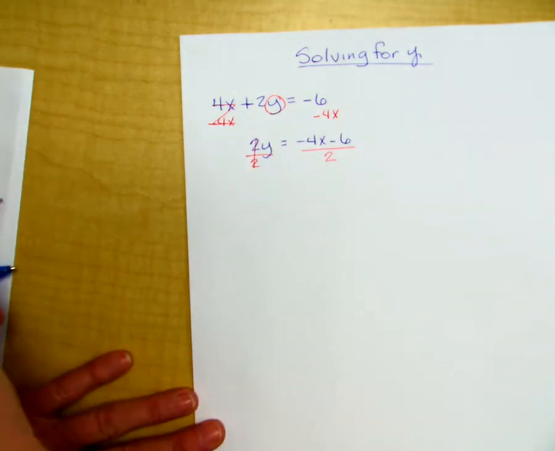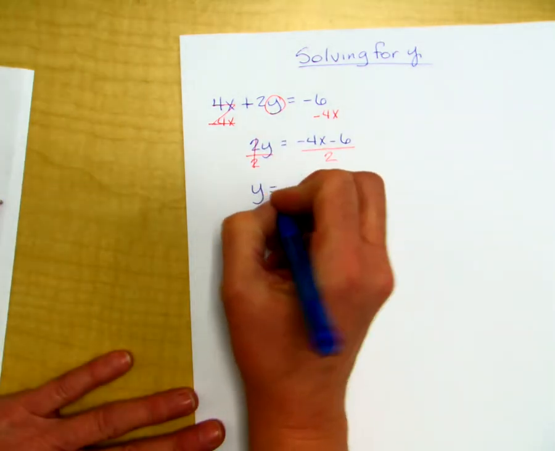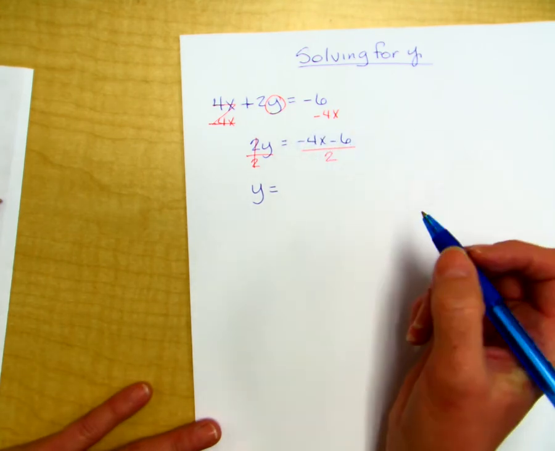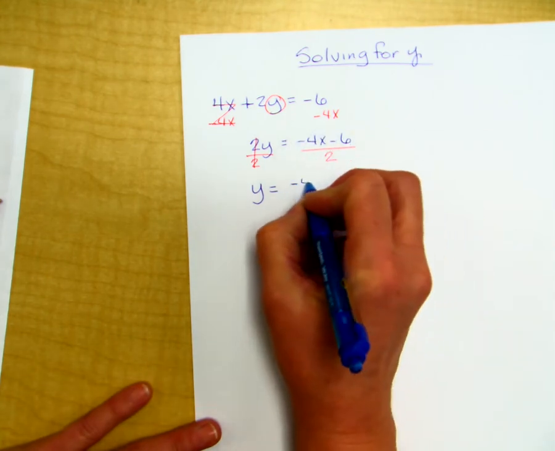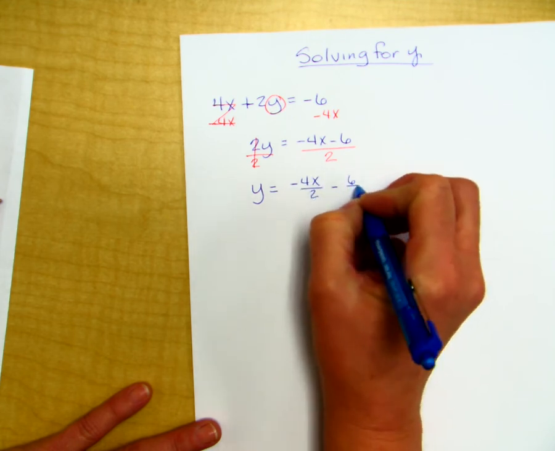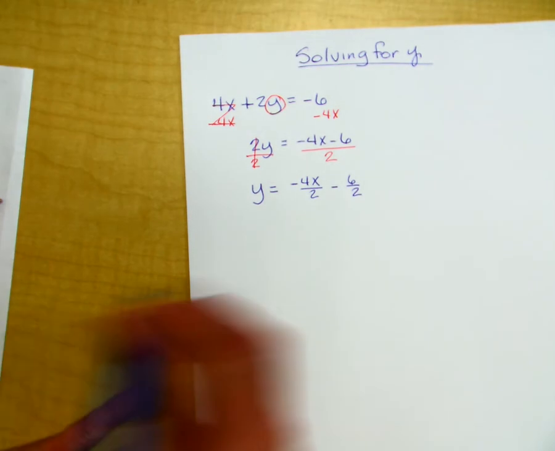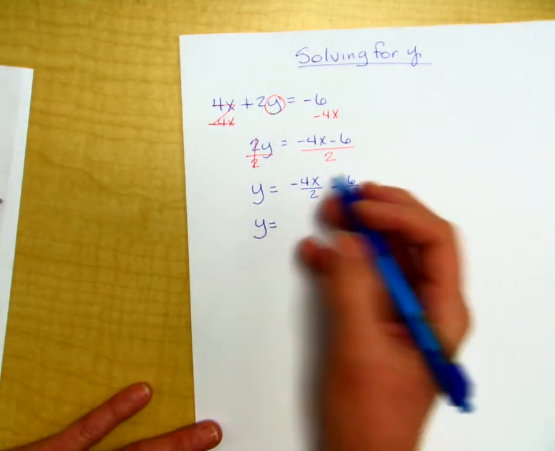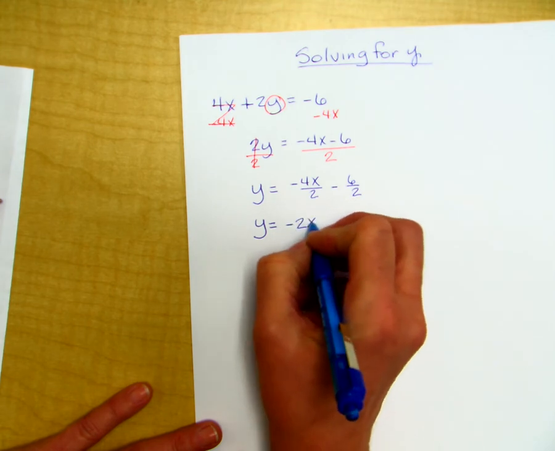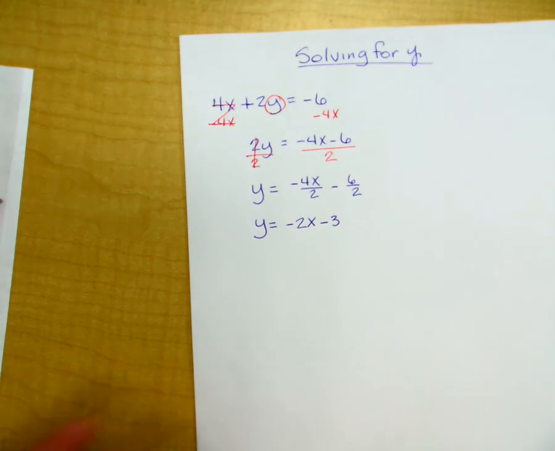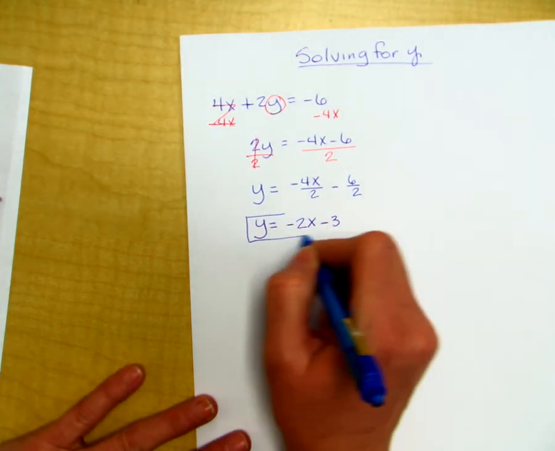This cancels there, leaving y equals. And since we have this fraction with subtraction in the top, we can split this up as 2 fractions, -4x over 2 minus 6 over 2, and then simplify. -4 divided by 2 is -2, minus 6 divided by 2, which is 3. So we have y equals -2x minus 3.